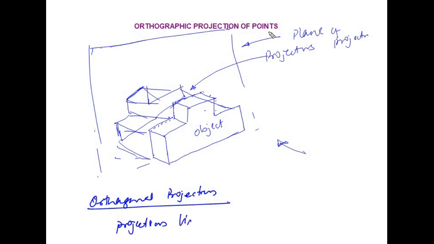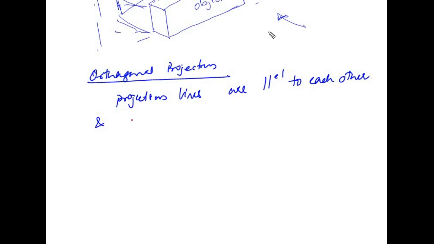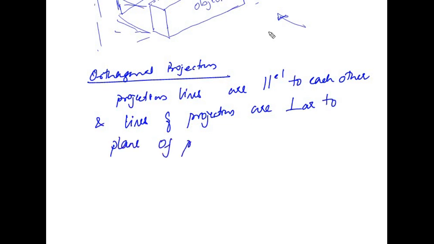The projection lines are parallel to each other, and most important, the lines of projection are perpendicular to plane of projection. Then we call such a projection as orthographic projection.